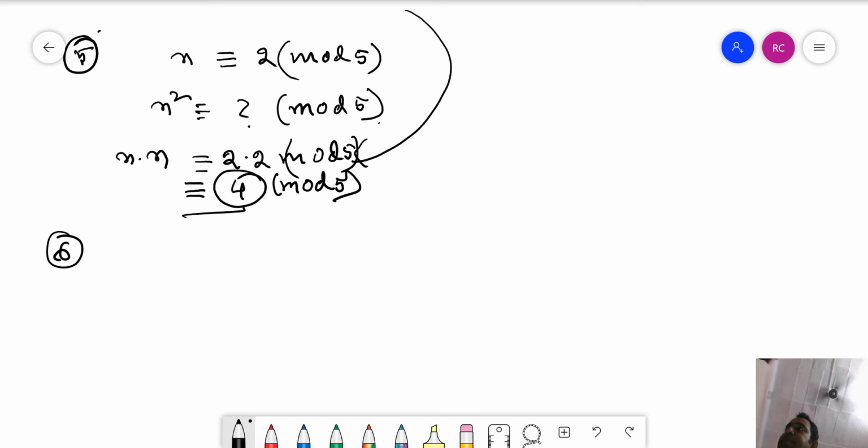The next question says that a man walks a kilometers in b hours. So how much time will it take to walk 200 meters?